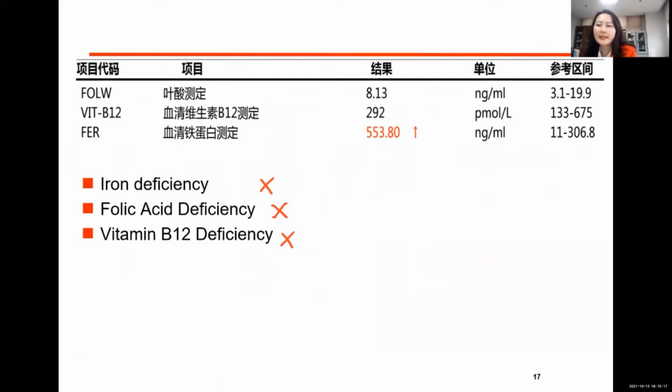His folic acid and vitamin B12 levels were normal. Ferritin was mildly raised. So we can exclude iron deficiency, folic acid deficiency, and vitamin B12 deficiency.